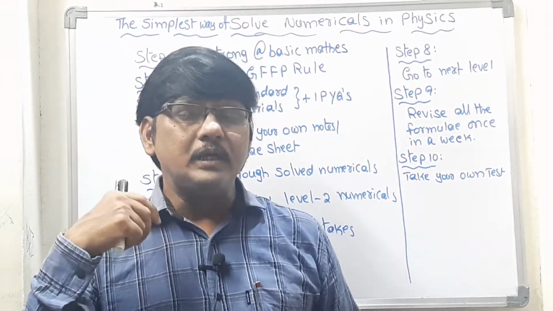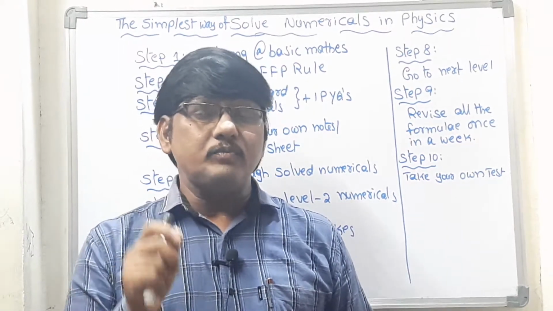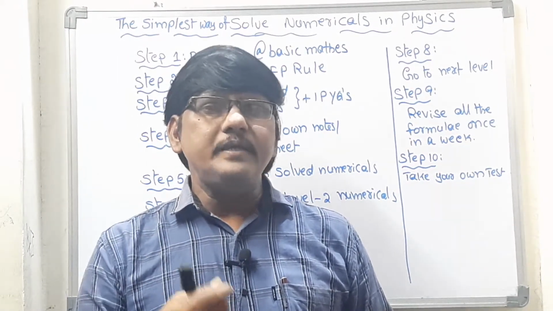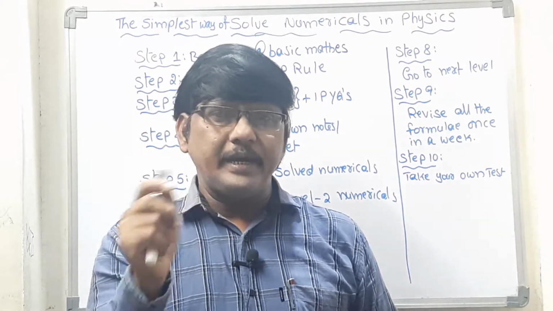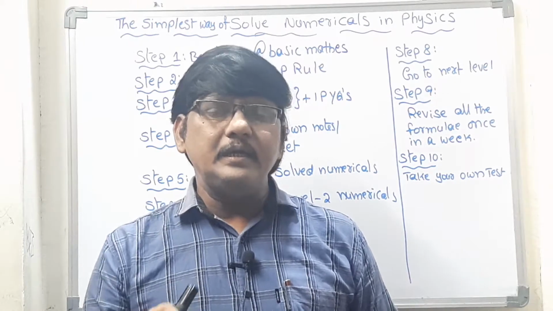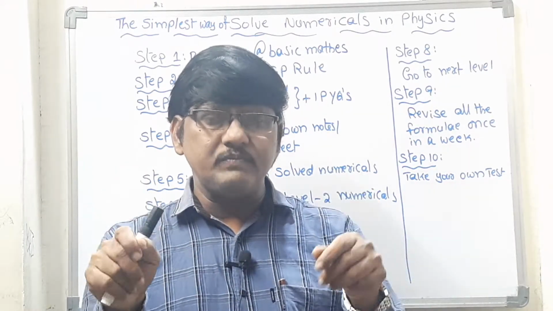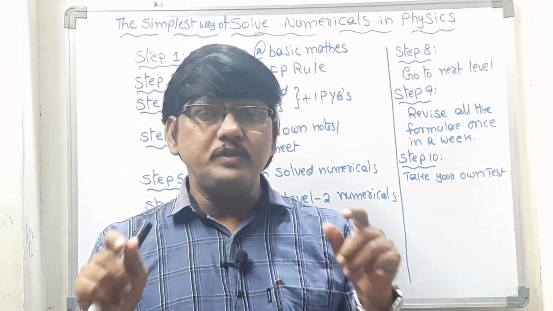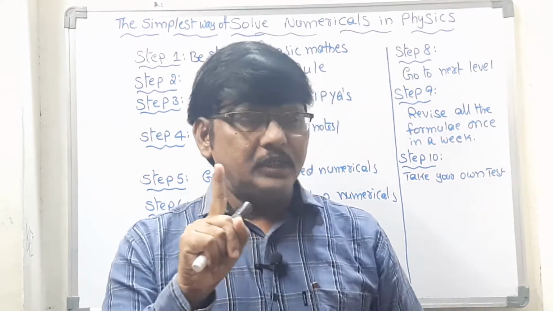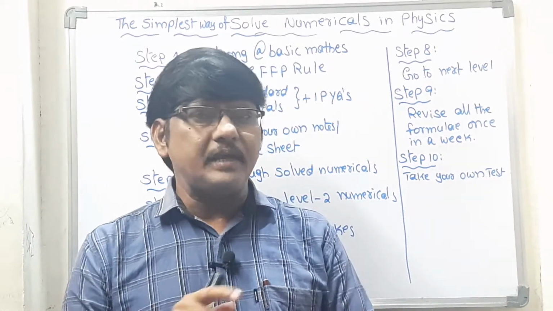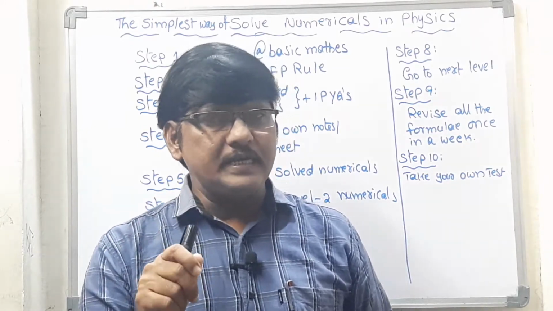For example, when you are preparing mechanics and you take the chapter Newton's laws of motion, take a complete test, pick up 25 questions randomly, set the time, and do those 25 sums in that time frame. Observe how much time it takes, because we have to complete within an hour. Practice like that, because time is also a very important factor in JEE as well as NEET.